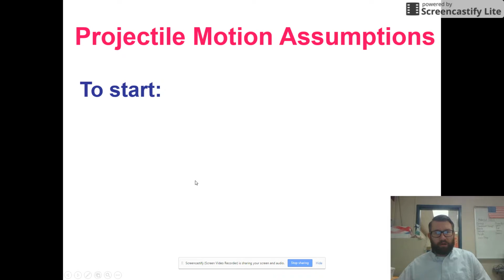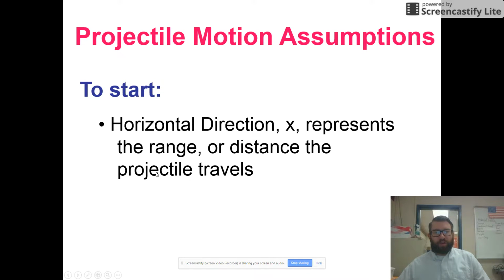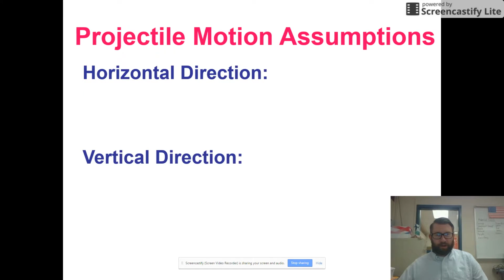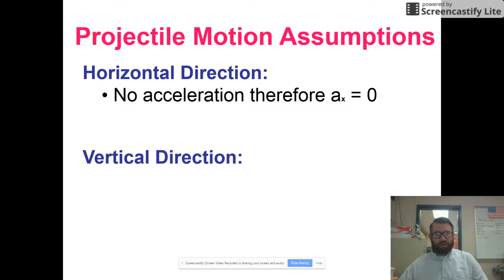So to start with, the horizontal direction represents the range or the distance total that the object travels. That's going to be your X direction. Vertical direction represents the height that the projectile reaches, or Y direction. So, horizontal direction, there is no acceleration.